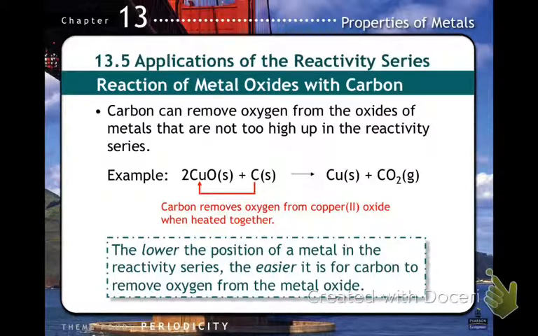So for example, sodium, potassium, aluminium, magnesium and calcium definitely cannot be reacted with carbon to remove the oxygen. So kids, remember this: top 5 metals, carbon cannot remove oxygen from the oxides of these metals. Top 5. The rest all can.